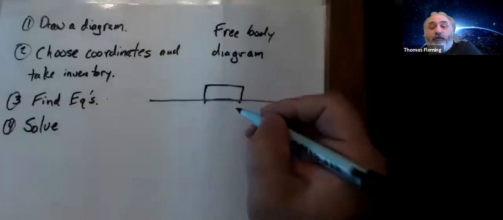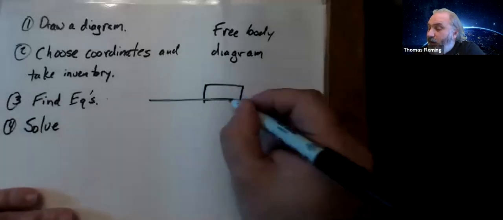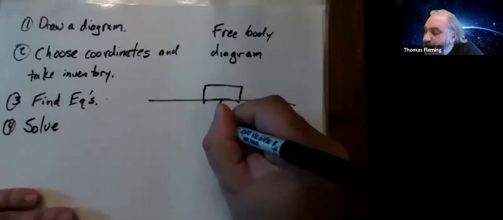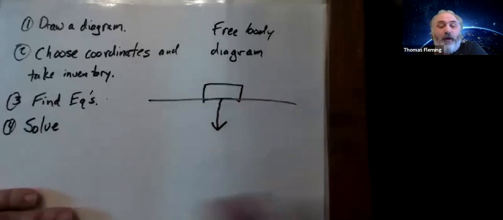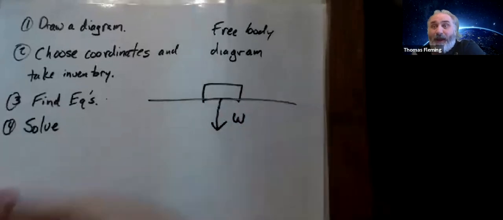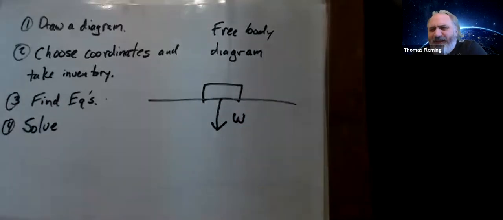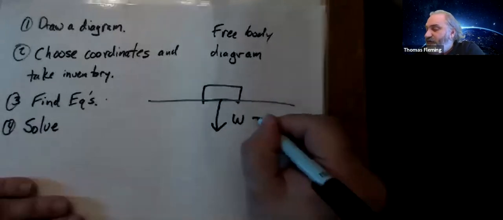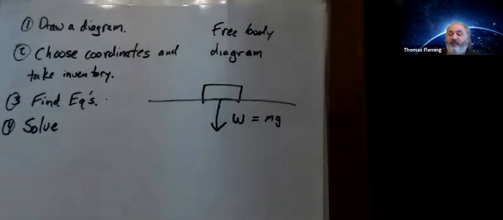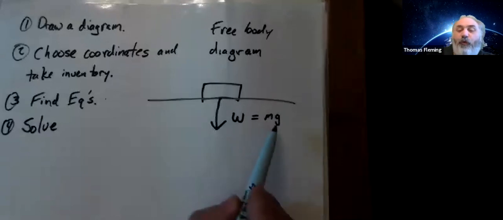The force of gravity is also called the weight. And obviously the weight of the object is gravity pulling the object downward. So I'll draw an arrow pointing downward, and I'll label that maybe with a W for weight. And of course, I know the weight is m times the acceleration of gravity, so maybe I'll even note that it's m times g. That's how we find the force from gravity, because obviously that's one force acting on the object.